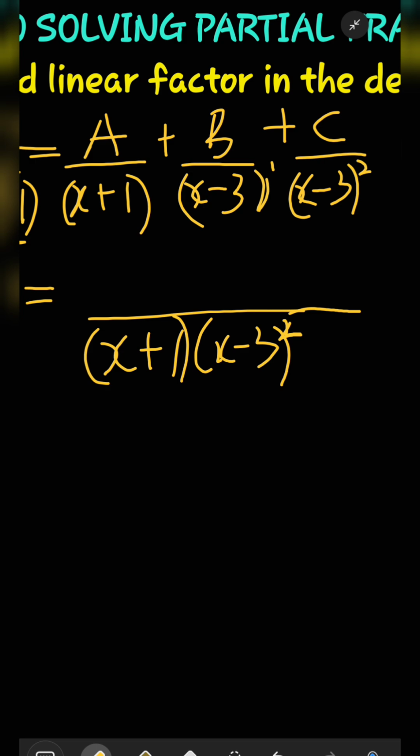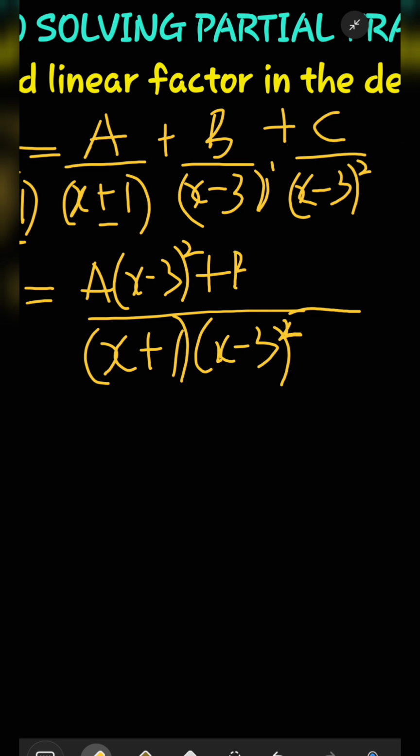So the denominator goes into x plus 1 here. We'll be left with x minus 3 all raised to power 2, which is a into x minus 3 all raised to power 2, plus x plus 1, x minus 3 all raised to power 2 going into x minus 3. We'll be left with x plus 1, x minus 3.